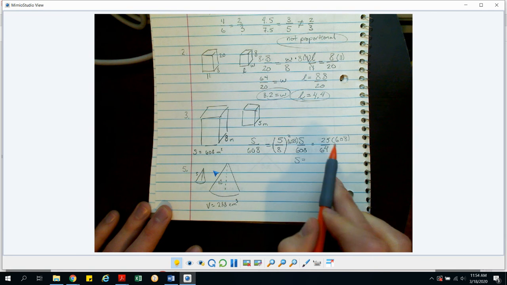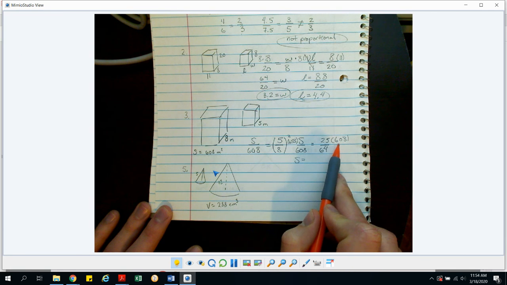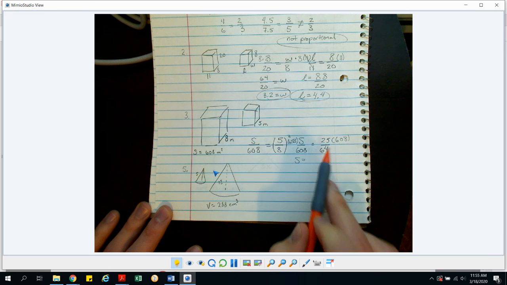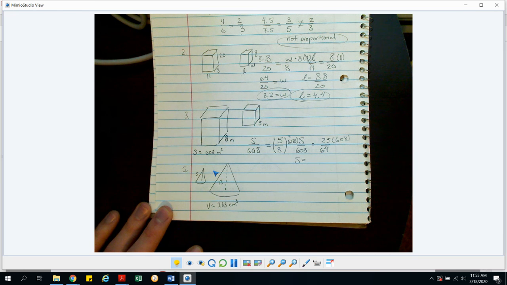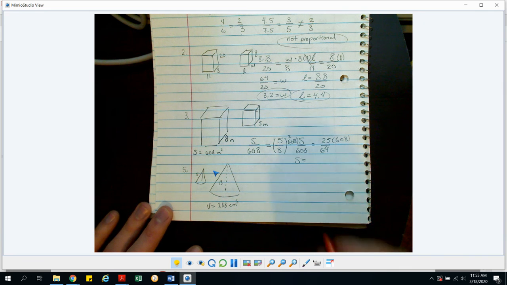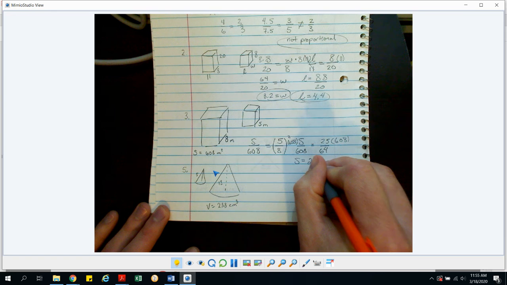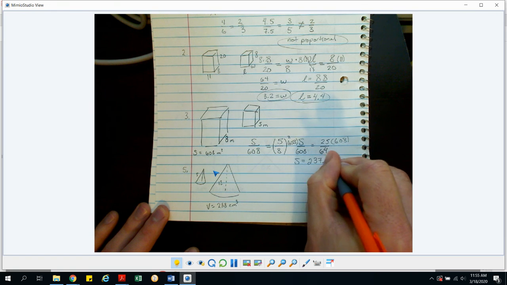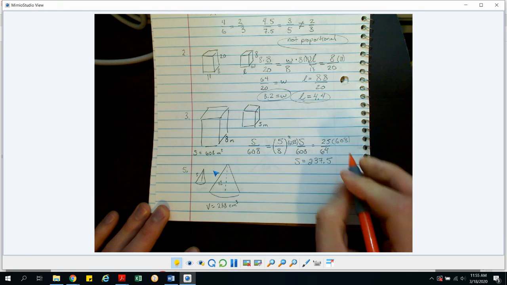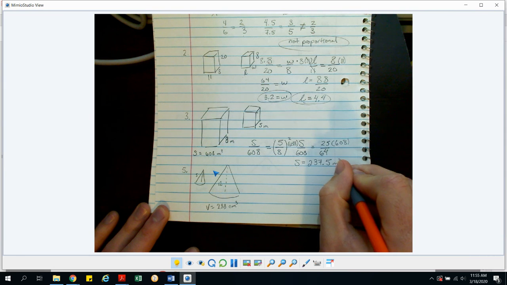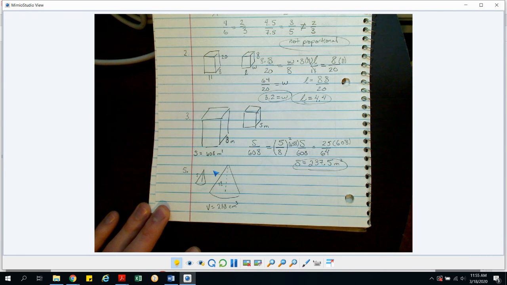S equals 25 times 608 divided by 64. I get 237.5. Okay, my units here, I'm talking surface area, is going to be meters squared.